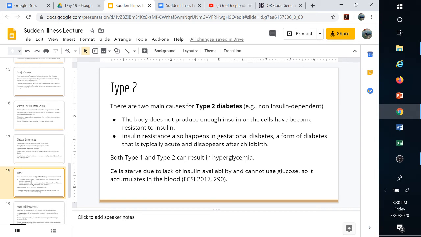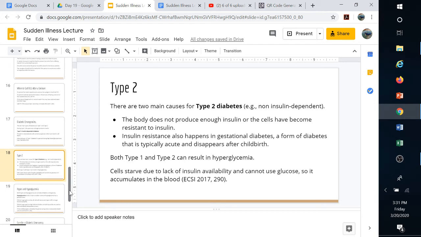Insulin resistance also happens in gestational diabetes. Your body's still producing it, but because you produce it so much, so often, the cells become resistant to it. And so since the hormone insulin can't bind to the cell, or the cell doesn't respond to it, it doesn't take up the glucose, and therefore the cell starves.